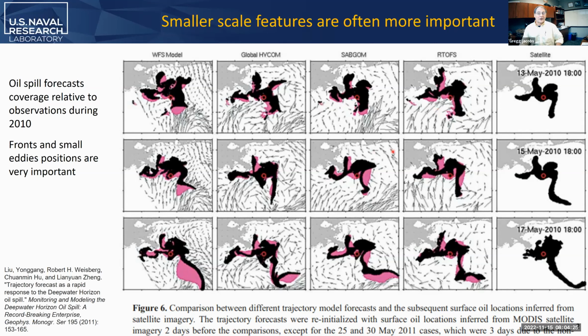But if you look at the smaller features, like this cyclone that the drifter has been trained to on the north side of the loop current eddy, there's a cyclone in the model, and you can see those 2 features move apart. Every now and then you see the cyclone in the model get pushed towards where those drifters are observing that. And then you'll see them move apart further. And after a while, that cyclone gets pushed back to where the drifters are observing that in the real world.